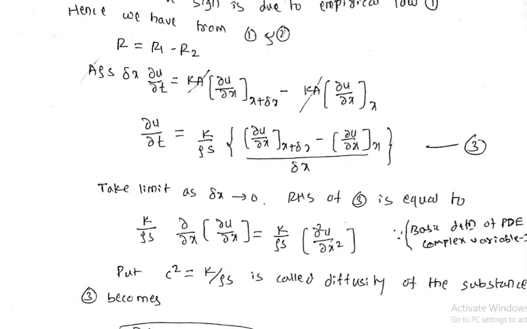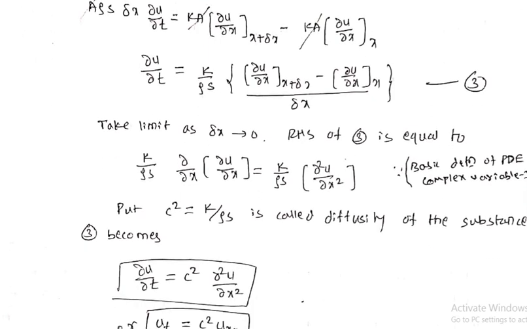And we will denote K by rho S as c square, so it is called the diffusivity of the substance. So we will use this term in equation number 3. So equation 3 becomes dou u by dou t equals K divided by rho S, which is c square, times the derivative of dou u by dou x with respect to x, that is denoted as dou square u by dou x square.